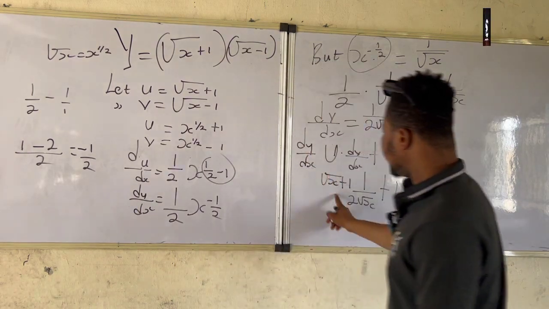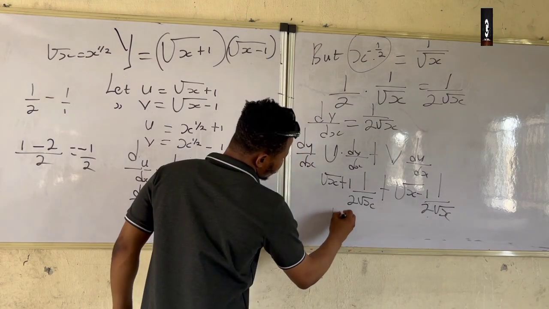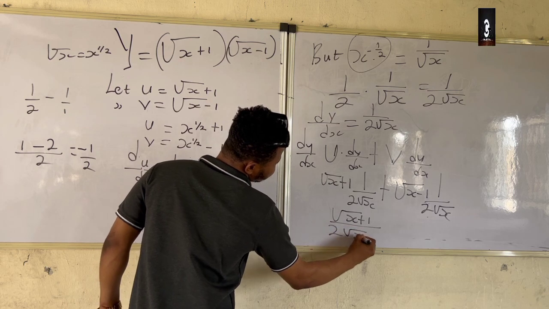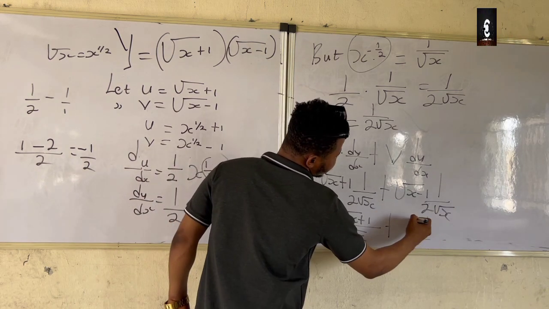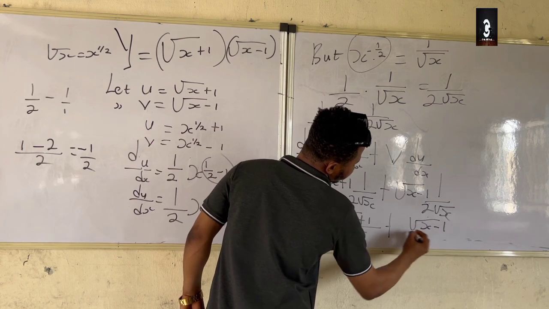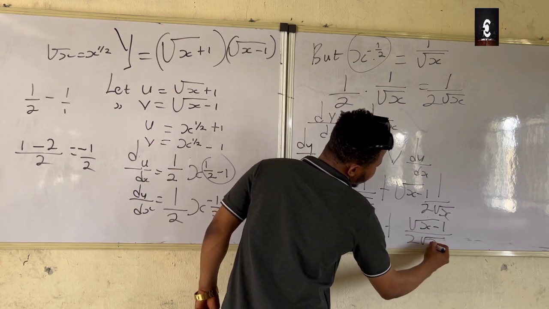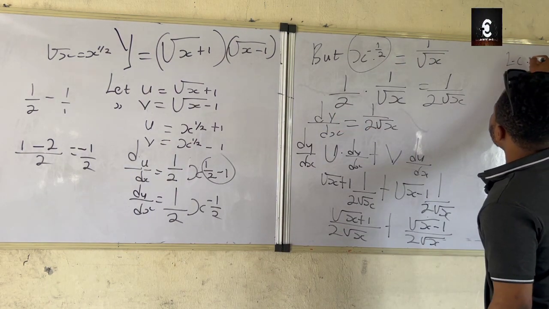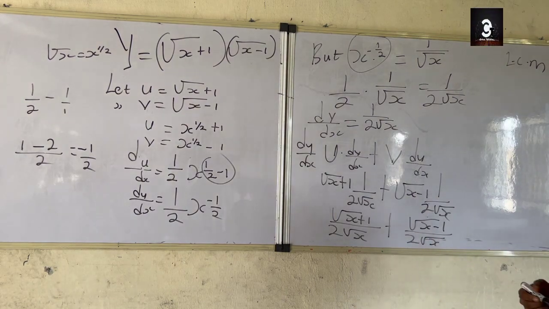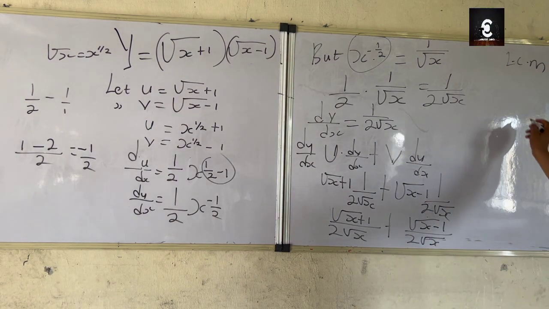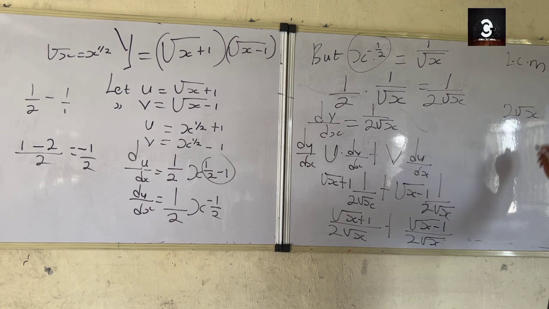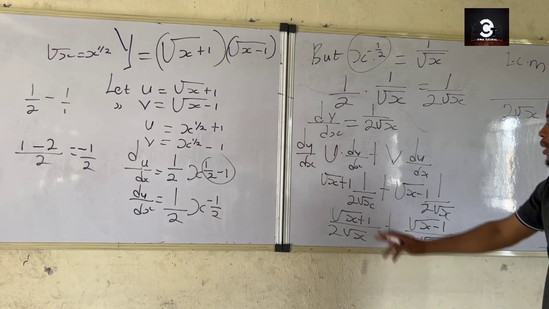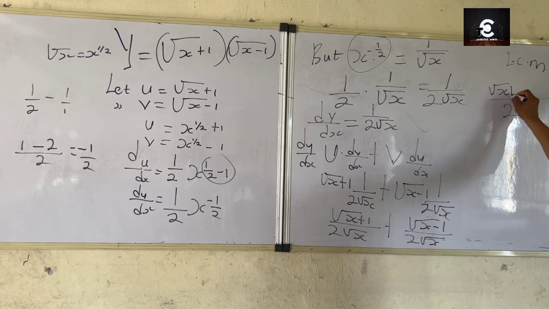What do I do here? This times this, I will have root x plus 1 over 2 root x, plus this times this, root x minus 1 over 2 root x. When I have something like this, I have the same base, I'll still find LCM. So how do I find LCM? These two things are the same. LCM of these two things is still 2 root x. 2 root x inside 2 root x, 1. 1 times this will give you root x plus 1.